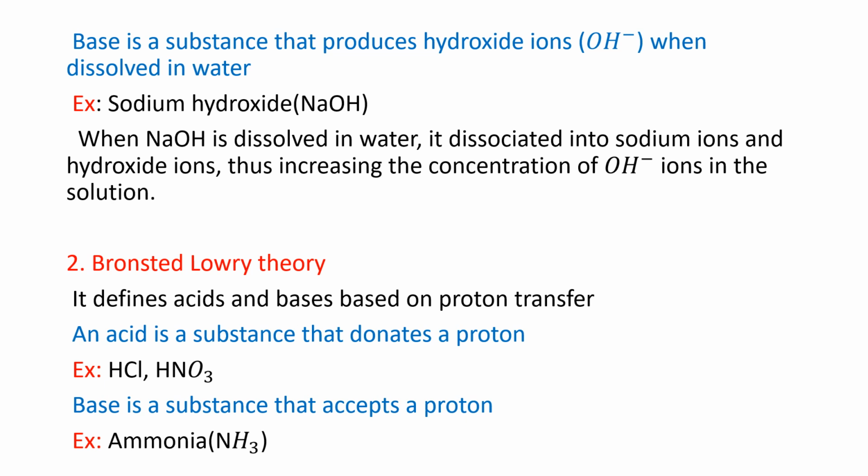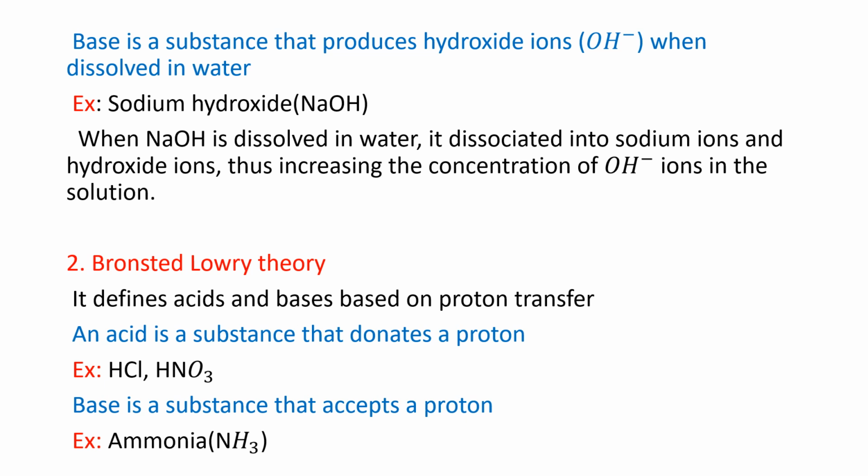According to this theory, an acid is a substance that donates a proton. The one who gives the proton will be called an acid. For example, hydrochloric acid, HNO3, sulfuric acid, etc. We know that these are capable of providing protons, correct?